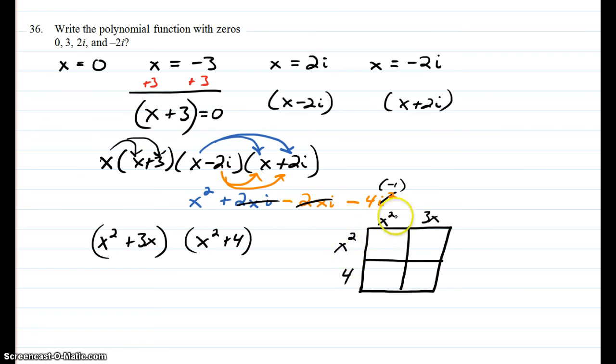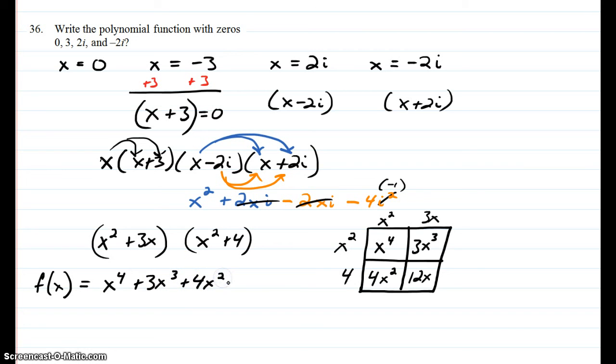So now I'll multiply them together. x squared and x squared makes x to the 4th. x squared times 3x gives us 3x cubed. 4 times x squared gives us 4x squared. And then 4 times 3x gives us 12x. So you'll notice there's no common terms, so we're just going to rewrite it. So our function is going to be x to the 4th plus 3x cubed plus 4x squared plus 12x.